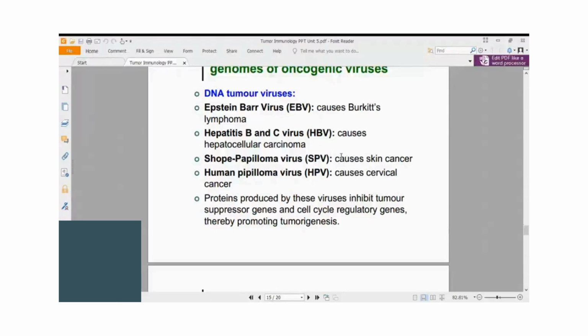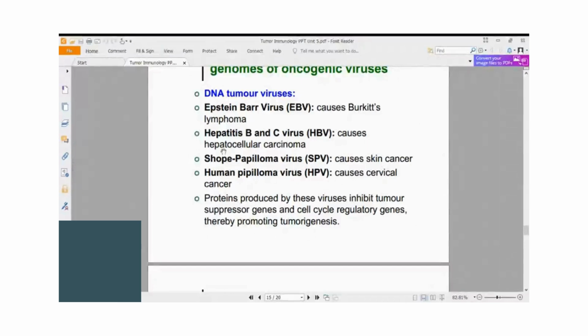And you have heard about human papilloma virus, HPV, which causes uterine cervical cancer. Cervical refers here to the uterine cervix, and that is the cervix which develops the cancer because of the human papilloma virus.